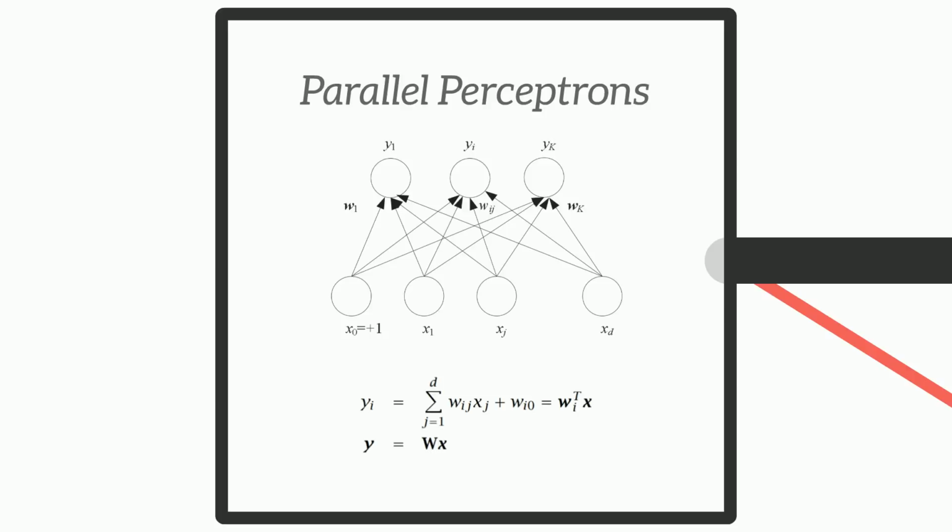So each output is a weighted sum of the inputs, just like before, but when there are greater than 2 outputs, we need multiple perceptrons to process them, each of which is going to have a weight vector.